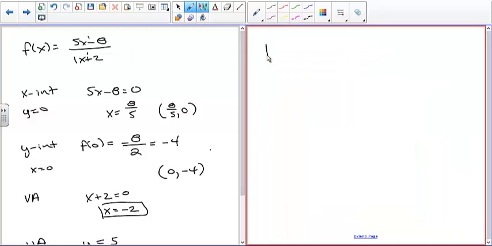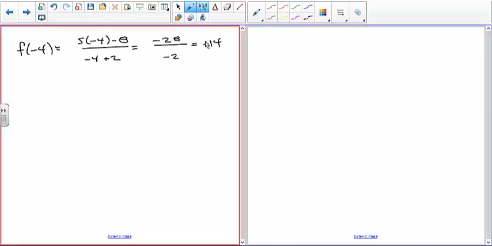So all you'd have to do there is say f of -4 is going to be 5 times -4 minus 8 divided by -4 plus 2. So here we get -28 divided by -2, which is going to be 14, which actually is going to be off the graph, so I probably wouldn't give you that one.